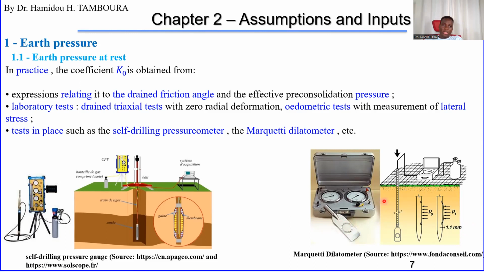Okay, this is how we obtain K0. There are different ways of obtaining K0. Maybe you can get more information, but these are just some examples.